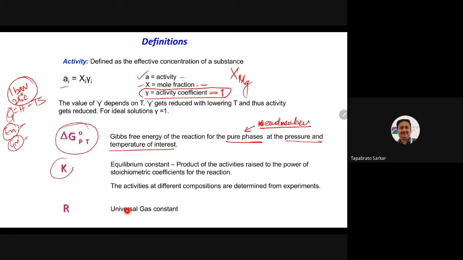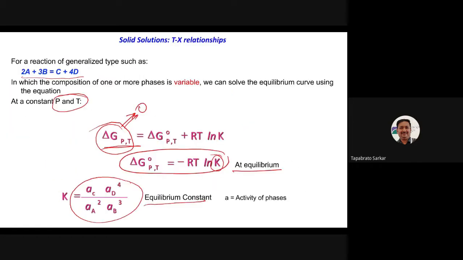K we can find out from the composition. R is the universal gas constant, and we also know its value. So if you now go back to this reaction, the only unknown that remains is temperature.